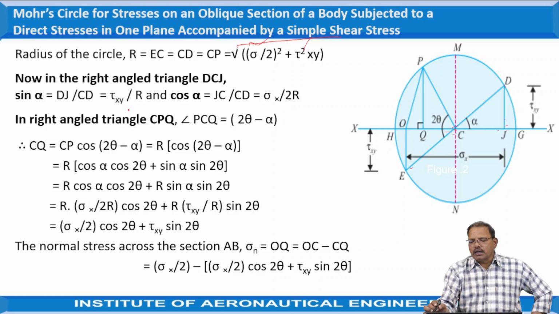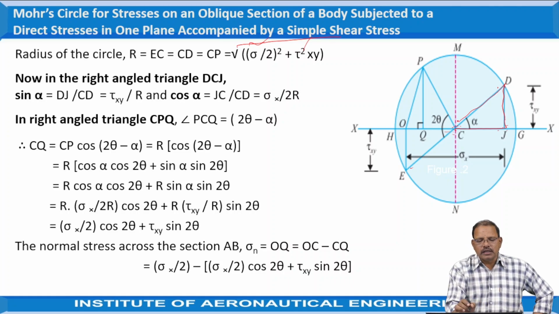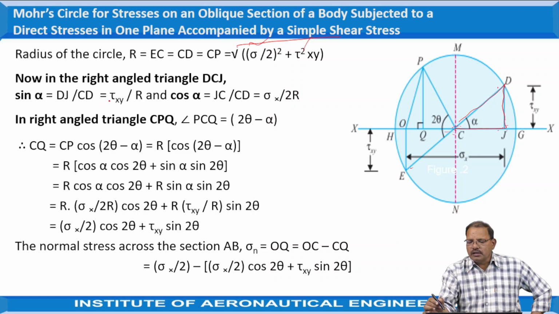Now in right angle triangle D, C and J, sin alpha is equal to DJ divided by CD.